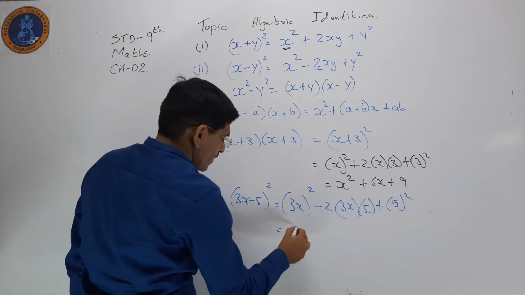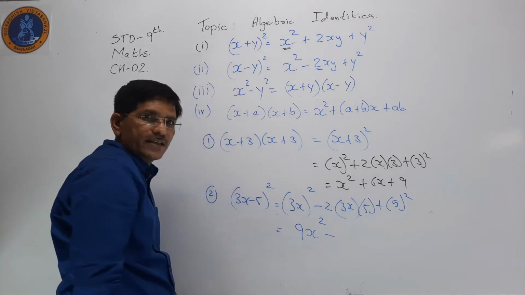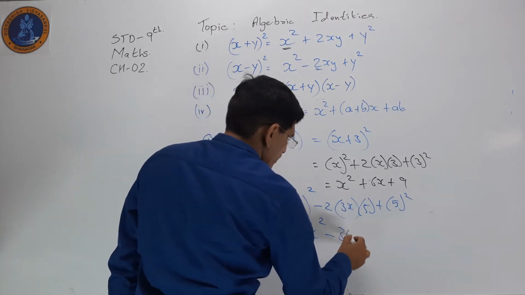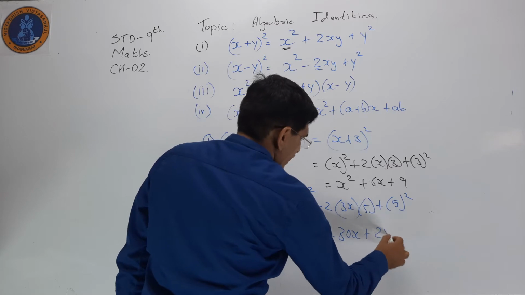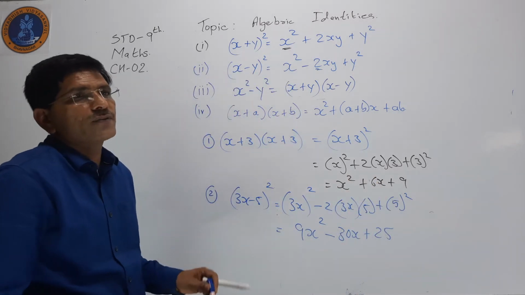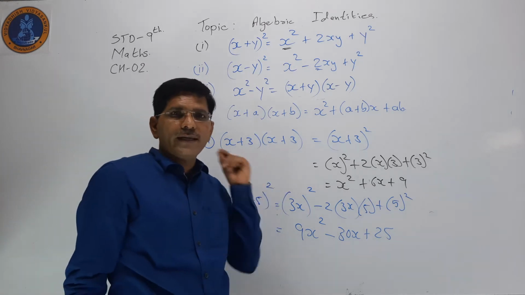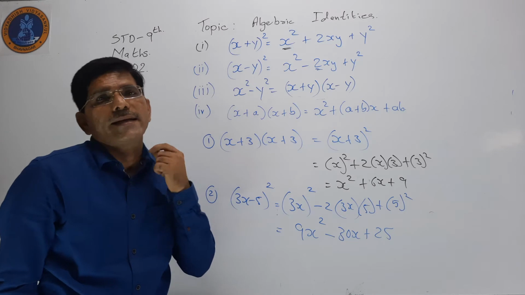Now 9x square, minus 3 twos are 6, 6 fives are 30, so 30x, plus 5 square is 25. These types of sums are very easy because we already learned them in 8th standard algebraic identities.